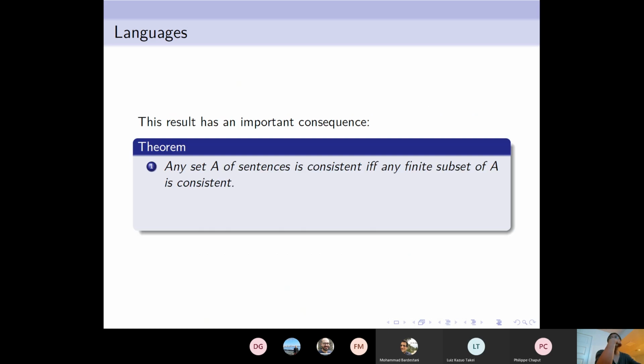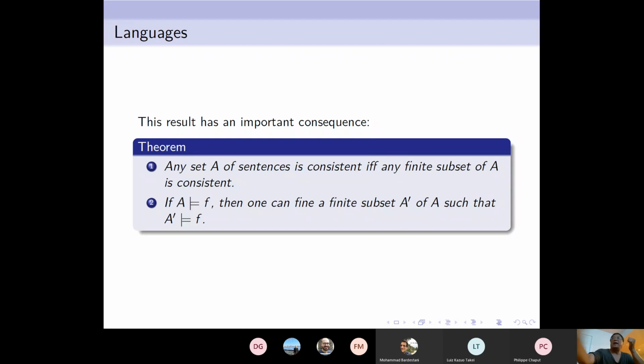That means any set A of sentences is consistent if and only if any finite subset of A is consistent. This is very useful, because finite is always better than infinite, in most cases.